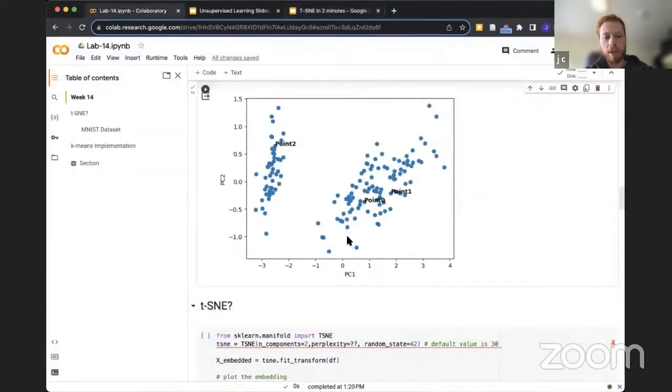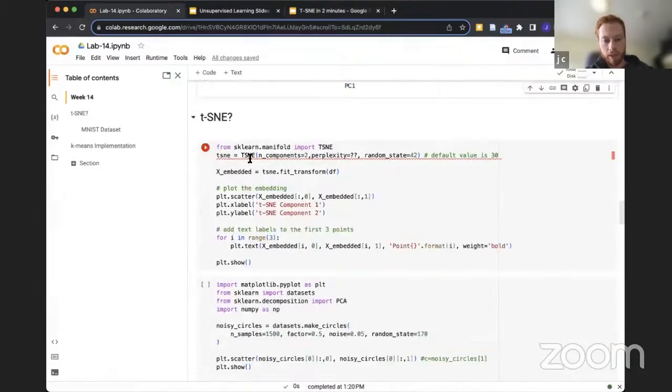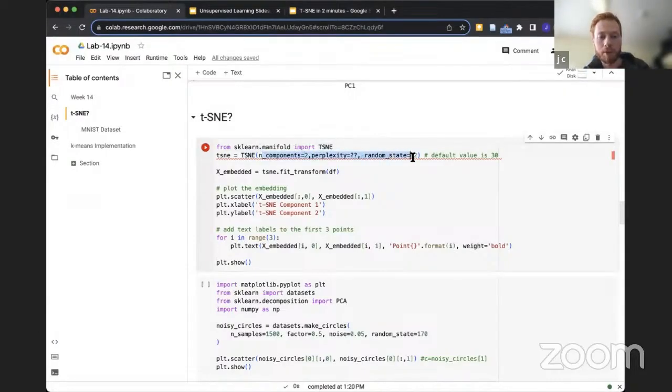Okay, then we can come back to our notebook. sklearn also implements t-SNE for us. However, there are some hyperparameters to choose, and one of them is the perplexity. In a nutshell, this is essentially to which degree we pay attention to close points and further away points.